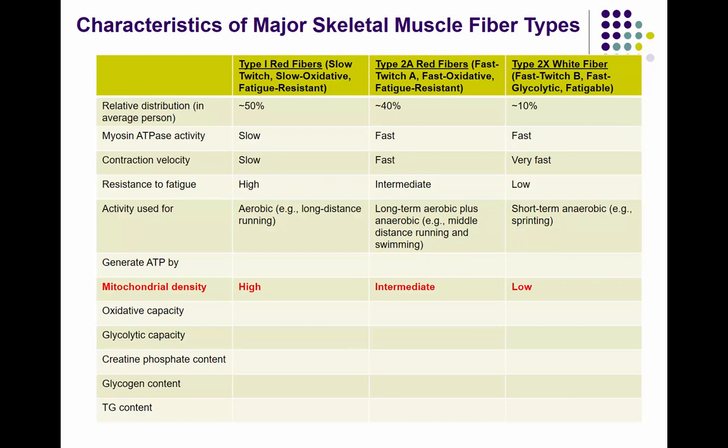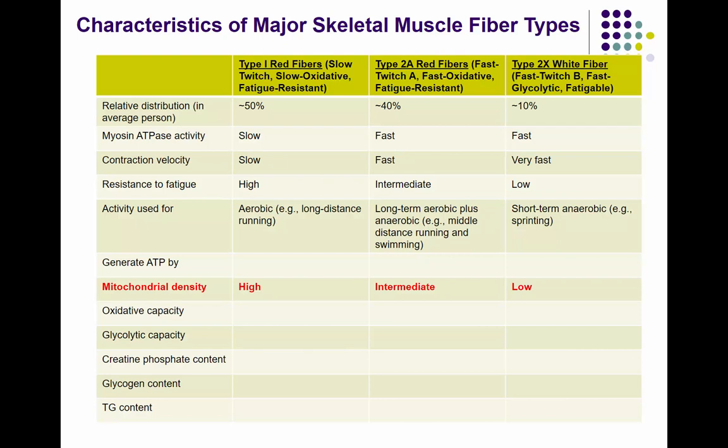Then let's see, you guys can tell me, right? Don't look at your notes, just look at the screen. So the ATPs generated by what type of metabolism, aerobic metabolism or anaerobic metabolism, in the type 1 fibers? Aerobic or anaerobic?